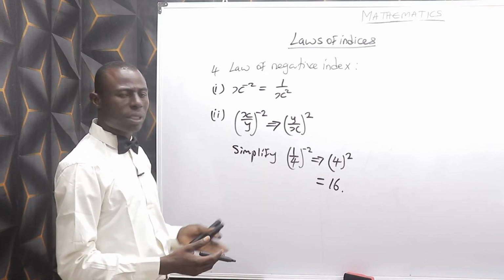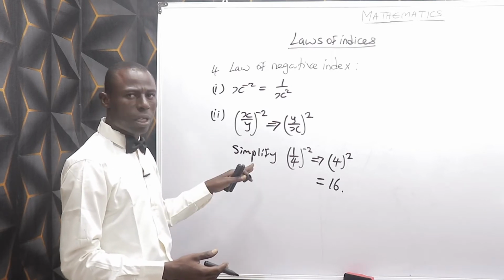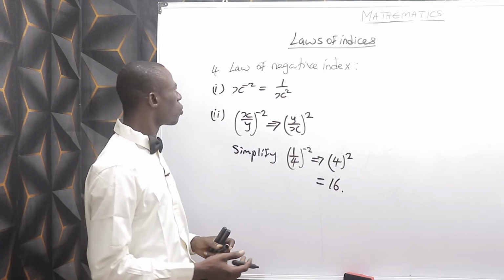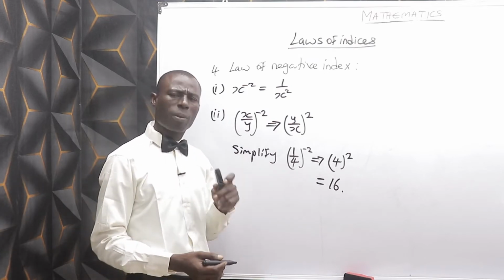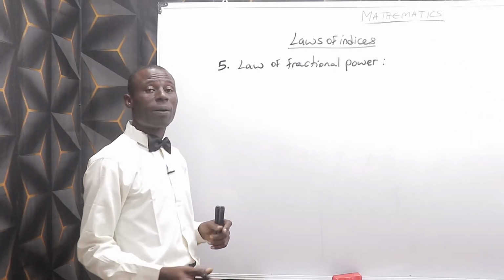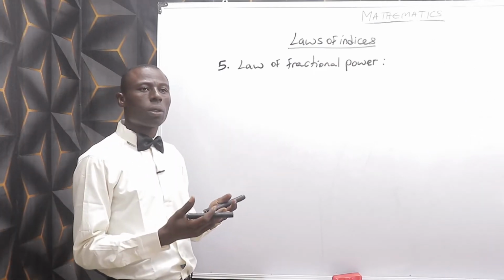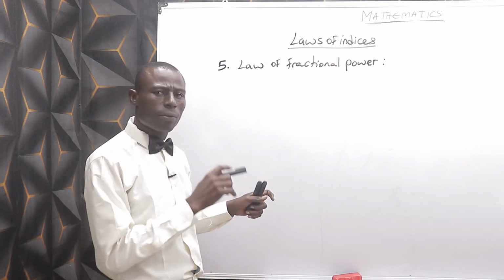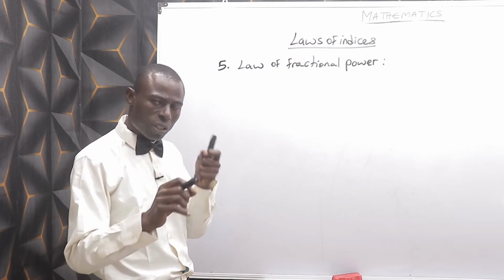I want to believe we understand these concepts. Law of negative index. Let's move on to the next law. Law number 5. The law of fractional power tends to give us the insight into the way fractional power metamorphosizes or changes into root form.